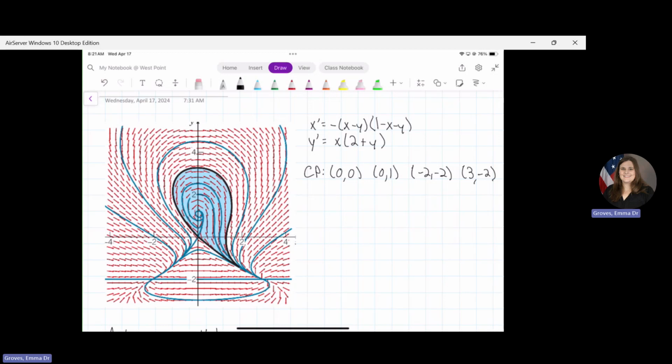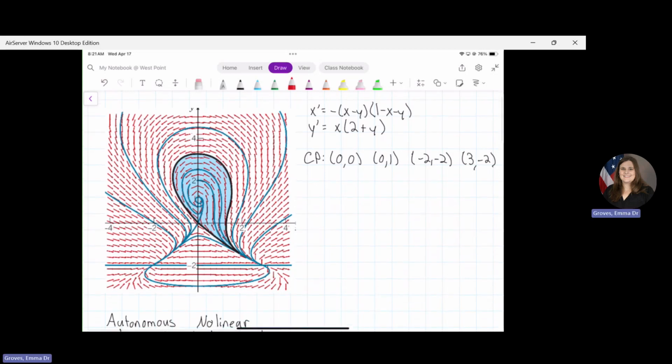I want to focus on the 0, 1 critical point. If we look at it, what do you notice about it? Besides that I've shaded it kind of strangely.